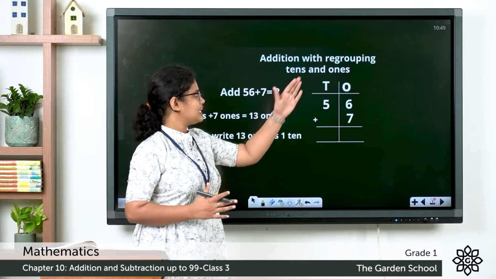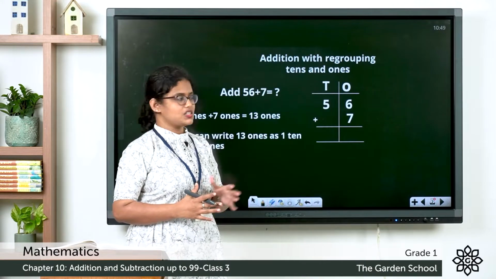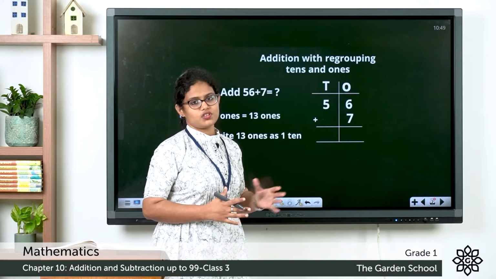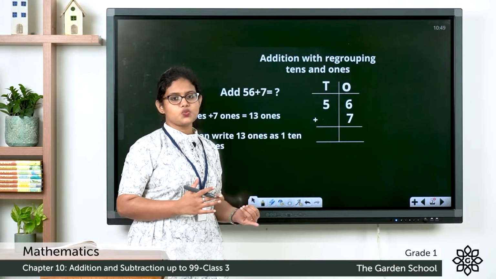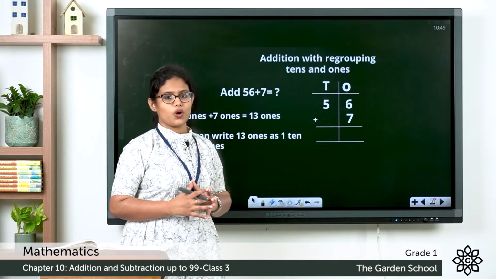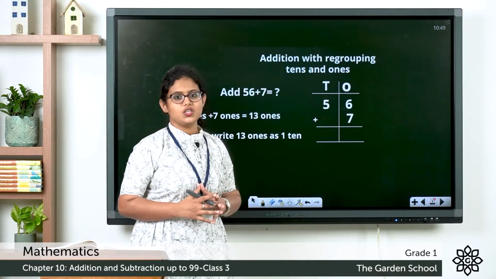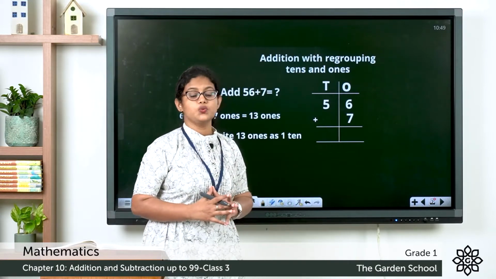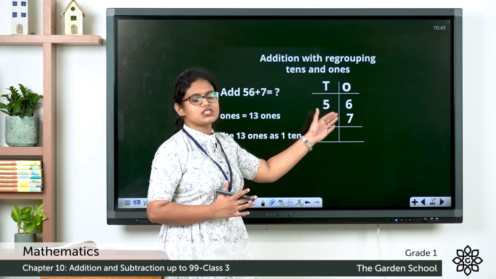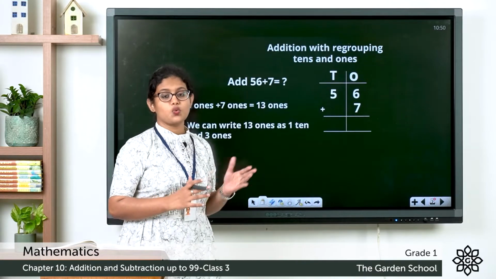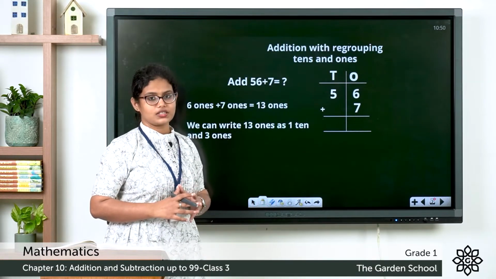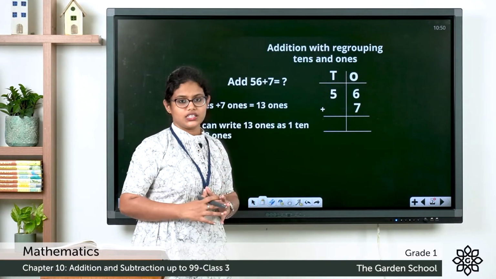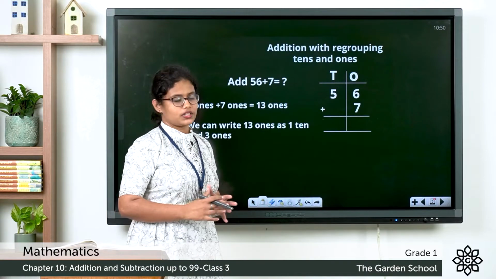First, let's see the ones place. Which numbers are there in the ones place? 6 and 7. 6 ones and 7 ones. In the tens place, you have 5, that is 5 tens. So first, the ones place: 6 ones plus 7 ones makes 13, that is 13 ones.